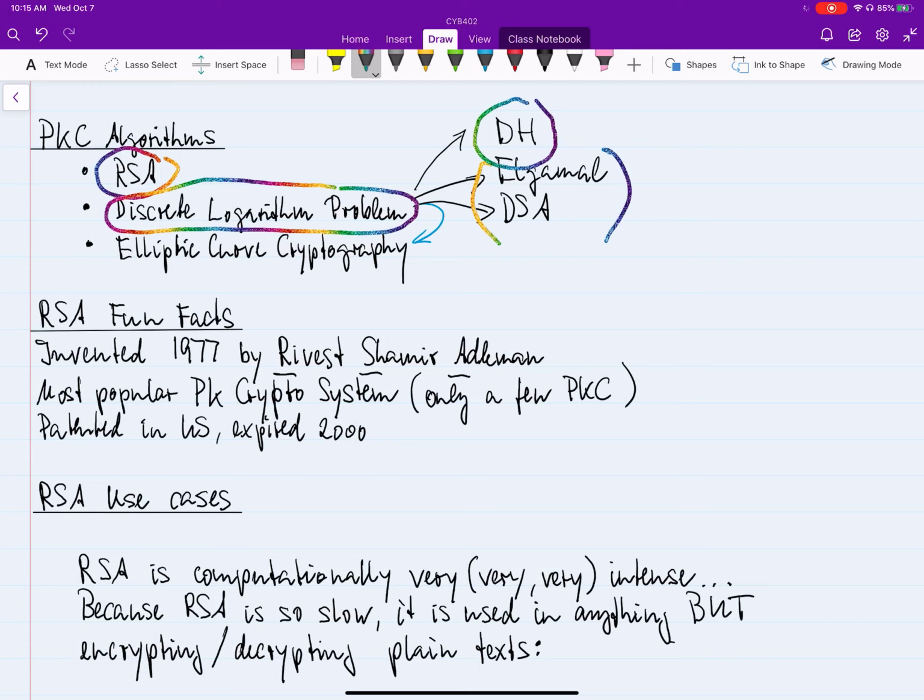Al-Gamal is another one, and DSA, digital signature algorithm. So a variation of the discrete logarithm problem is actually elliptic curve cryptography systems.